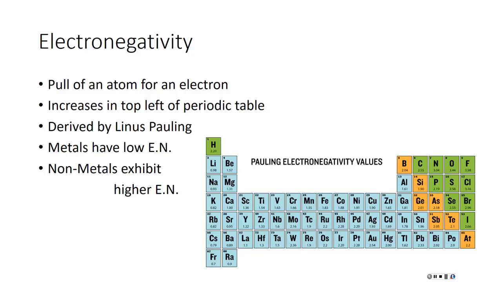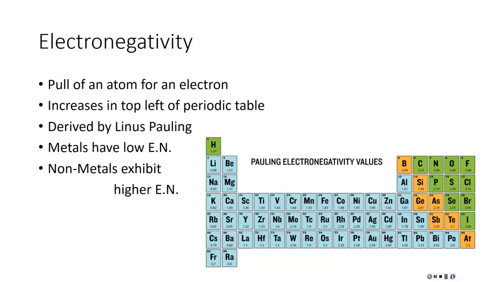This system was devised by a gentleman named Linus Pauling. When I was going to school, my advisor at the time called him St. Linus because he was so important to chemistry. One of the very rare things he did was win 2 Nobel Prizes.